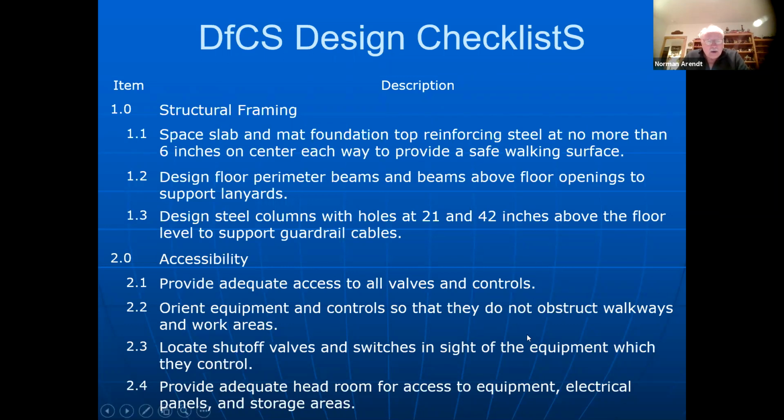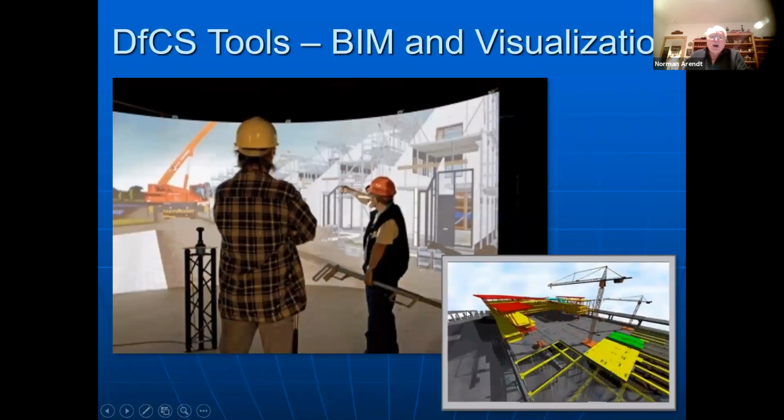And I wish that when I was doing building inspections, some of these had been in place years ago, such as locating shutoff valves and switches in sight of equipment. Because when I did work for the fire department, it seems that the switches are never where you want them.